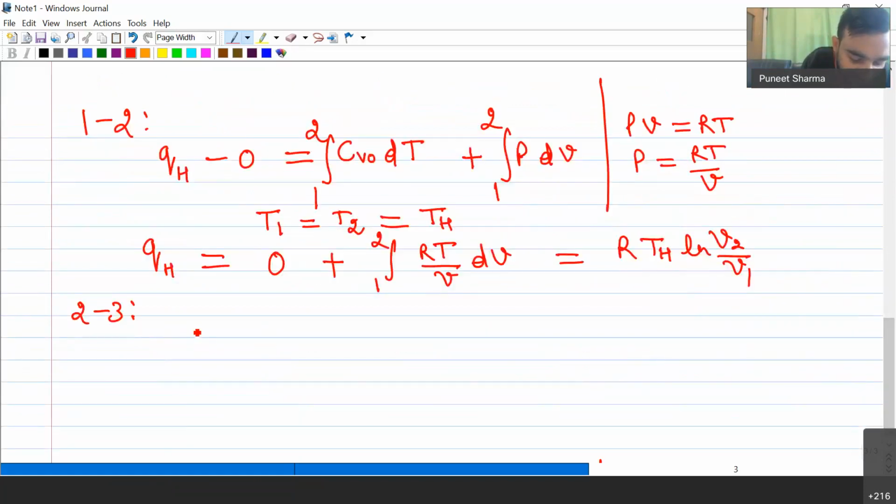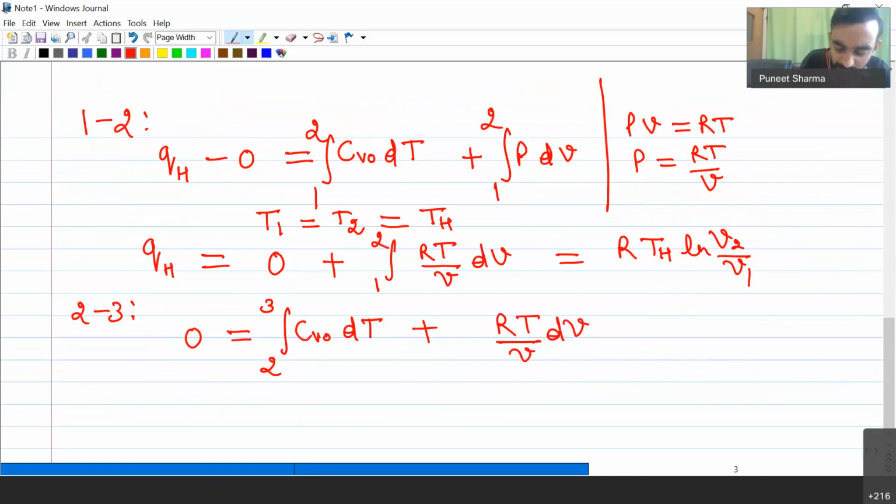Because of that, the left hand side of the equation will be equal to 0, and on the right hand side we will find the integral of Cv0 dT from point number 2 to point number 3, plus, in place of P now I am writing RT by V into dV, and this integration also we are doing from point number 2 to point number 3.